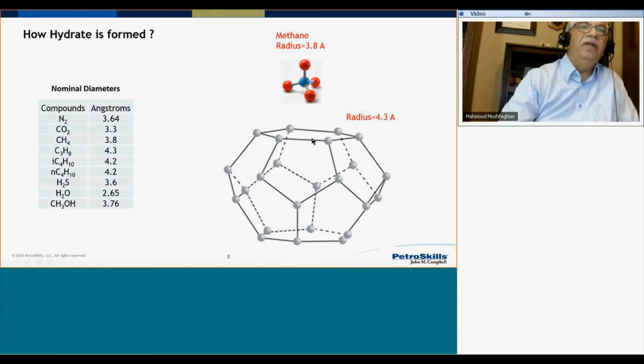And if the temperature is low enough, a small molecule like methane can get into the cage or lattice, and then we have a solid phase, which is a mixture of water as well as a light gas molecule like methane or CO2, H2S, and nitrogen, as you saw before. The key is that the nominal size of the molecule should be less than the nominal opening of the lattice.